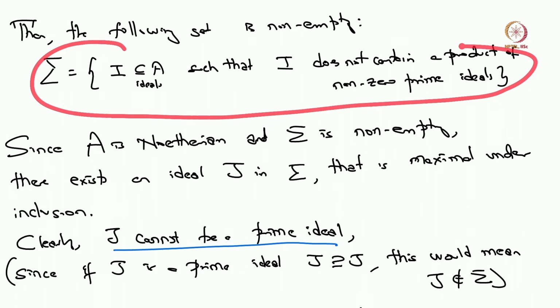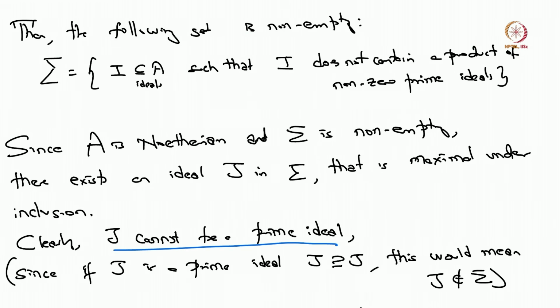Sigma was the set of all ideals which did not contain a product of non-zero prime ideals. So if you don't belong to sigma, then you do contain a product of non-zero prime ideals.